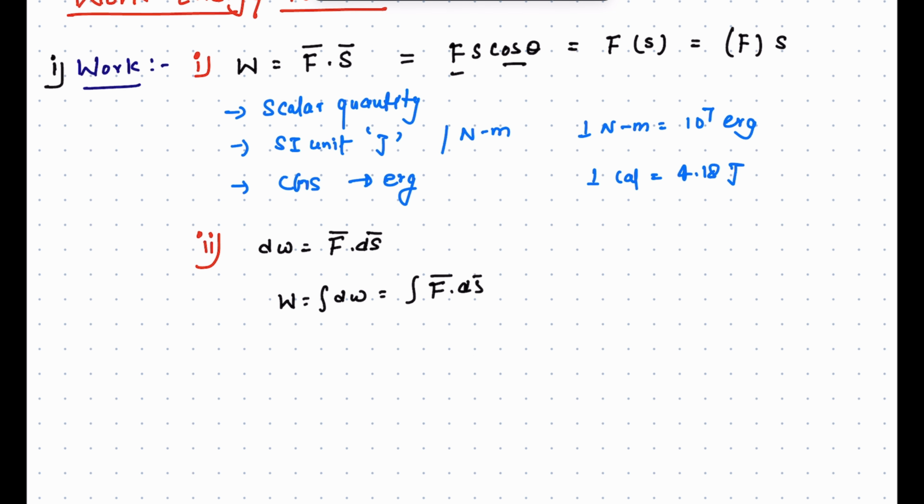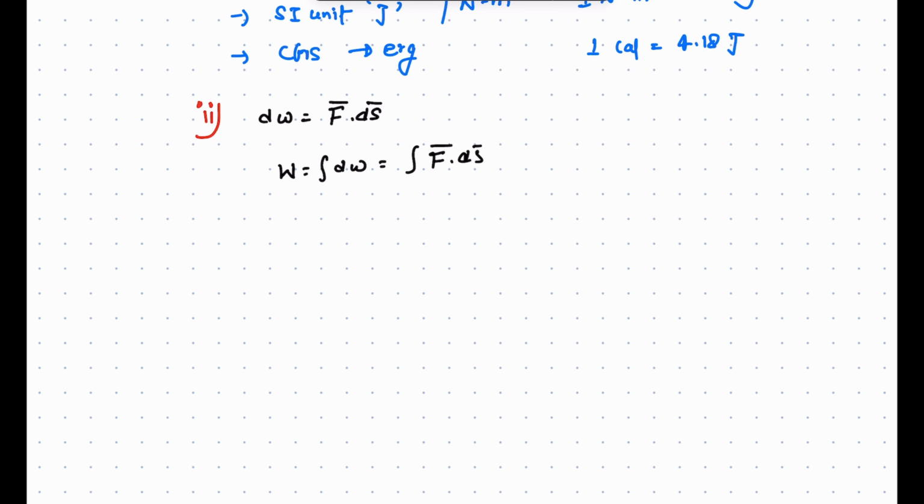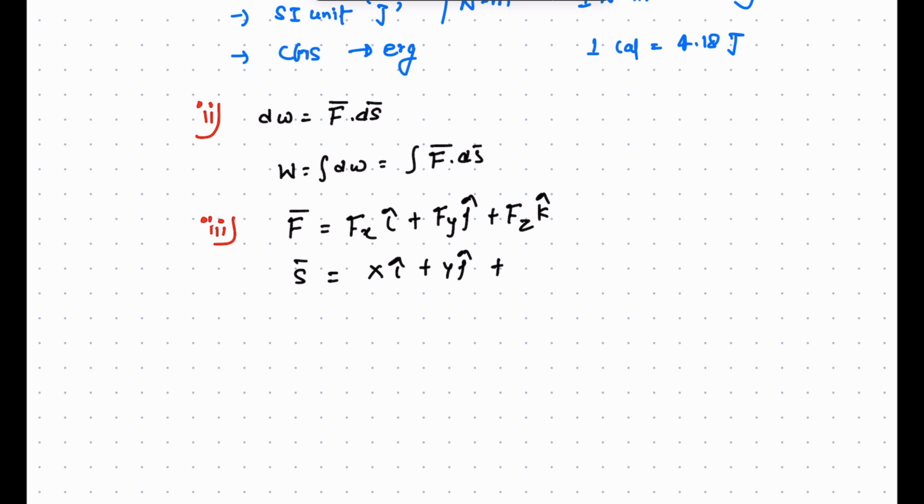Then what if the force is given in the form of components? F vector is given to you as Fx i cap plus Fy j cap plus Fz k cap, and the displacement is given as S vector equals x i cap plus y j cap plus z k cap.